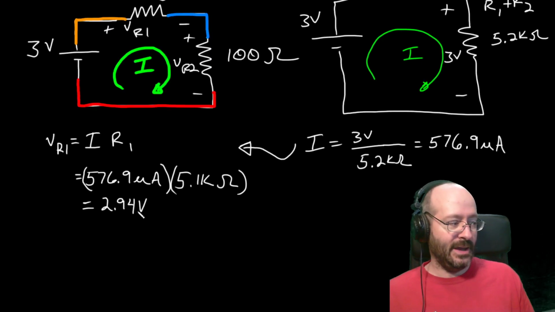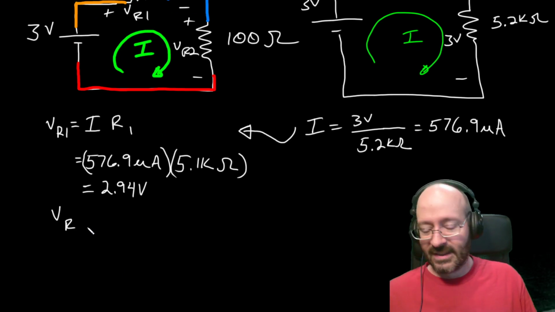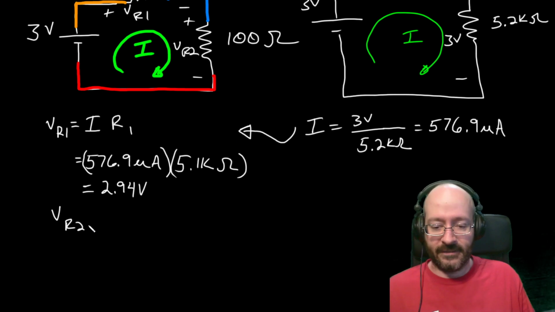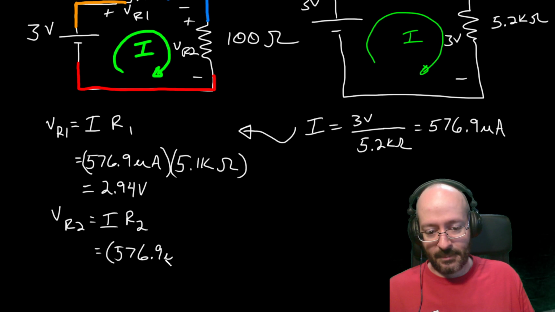And we do the same thing for VR2. It's carrying the same current. It's in series. So we take the same current and multiply it by R2, that's 576.9 microamps times 100.